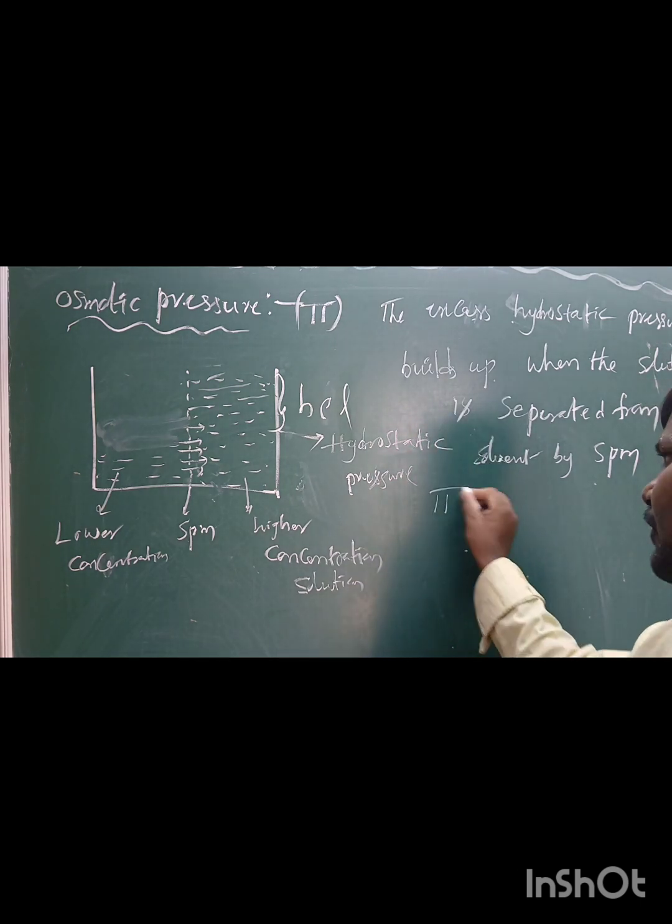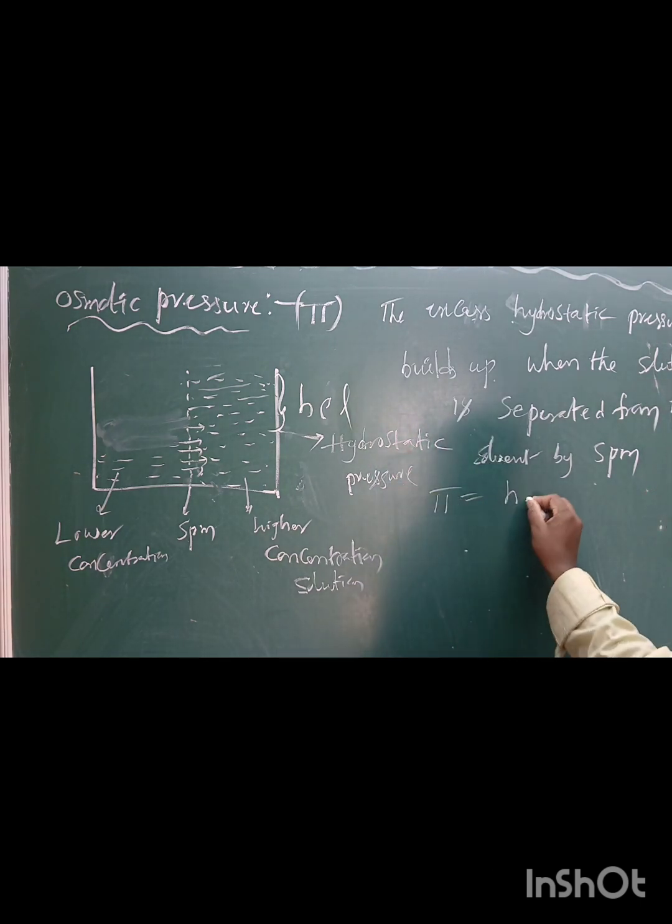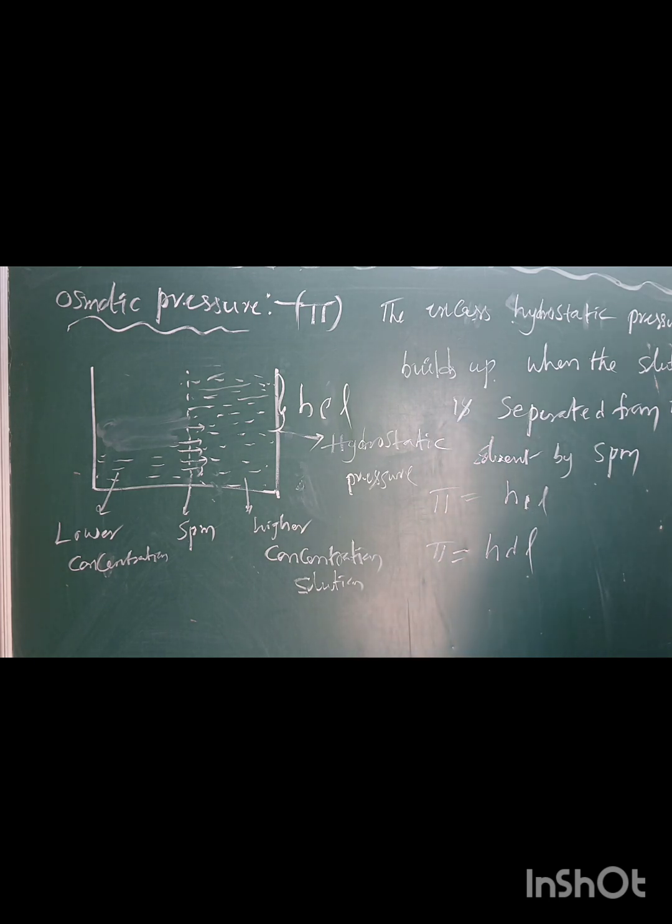Okay, pi is equal to H rho G. In some books, pi is equal to HDG also, where H is the height of the column, or the increase in the level of the solution in the tube.